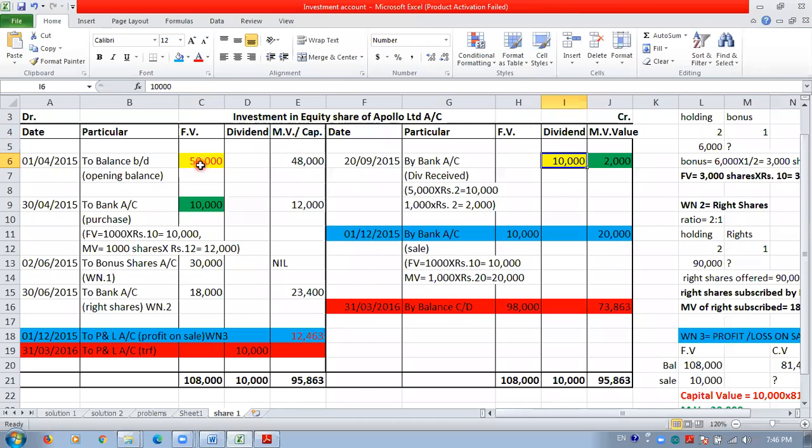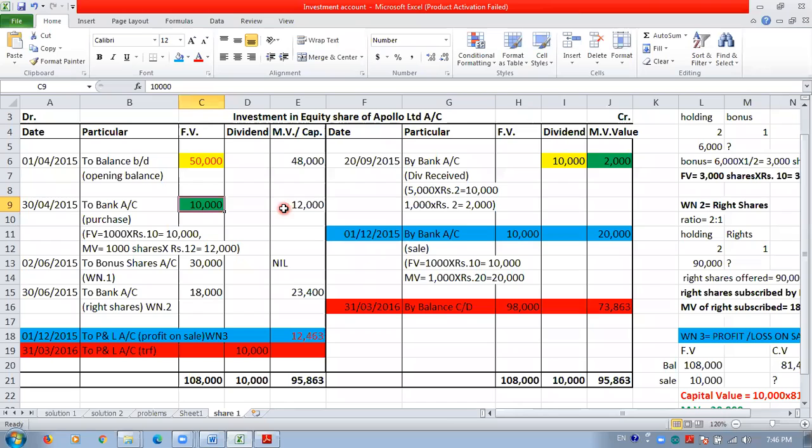So Mira is entitled to get the dividend on this opening balance of shares, right? But after that, on 30th April, Mira also purchased 10,000 face value shares.